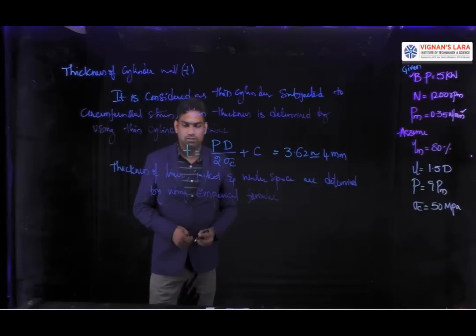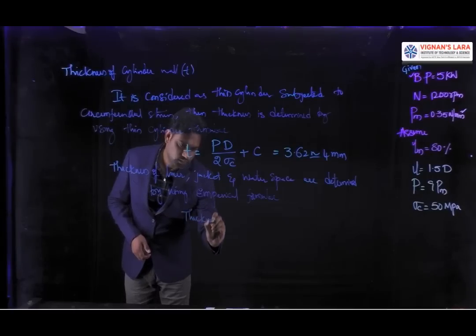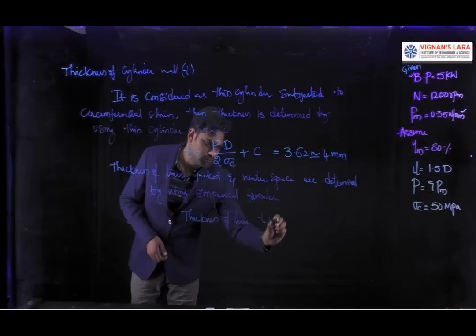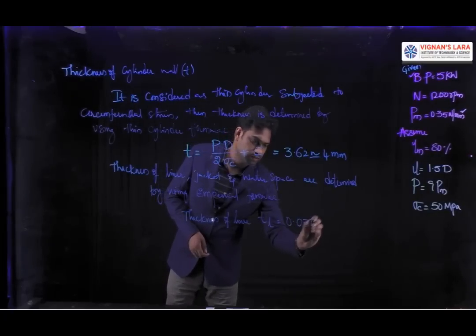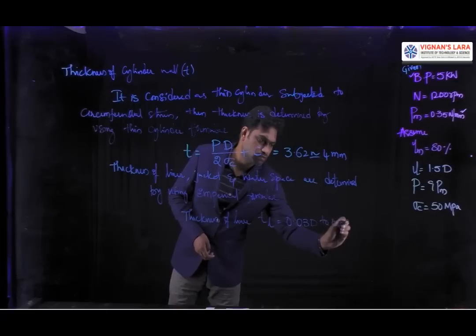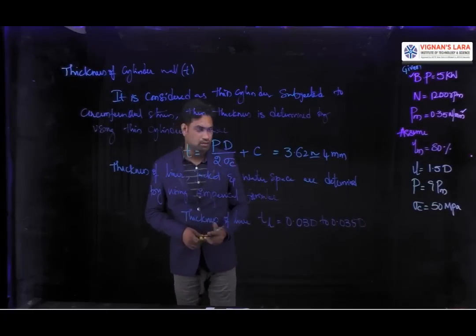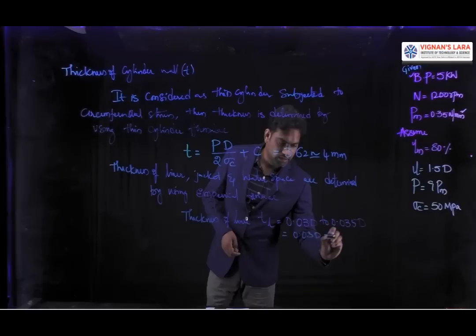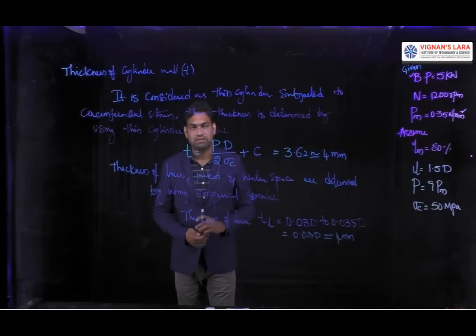So that is thickness of liner. First one, thickness of liner T suffix L is given by 0.03 to 0.035 times D. So I can take 0.03D. So I am taking 0.03 times D. So I may get a value of around 3.86 mm. So I am taking this as 4 mm.